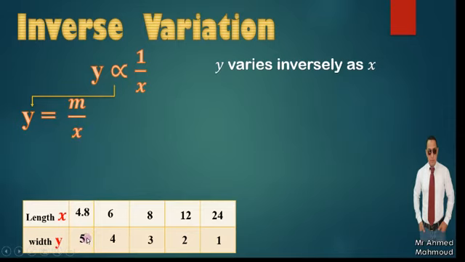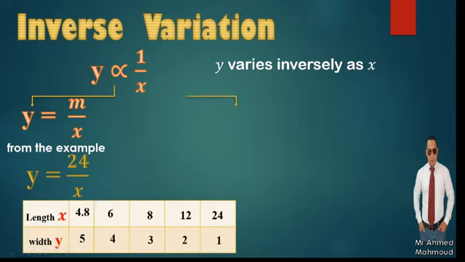Okay, by looking at this example, y equals m over x, number over x. By looking at y here, 5 equals 24 over 4.8, and 4 equals 24 over 6, 3 equals 24 over 8, 2 equals 24 over 12, 1 equals 24 over 24. Then by using this example, we get that y equals 24 over x.